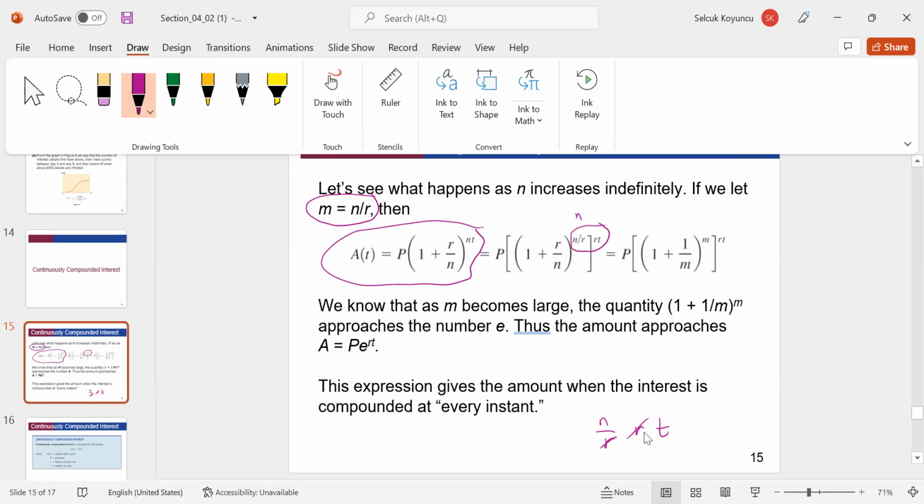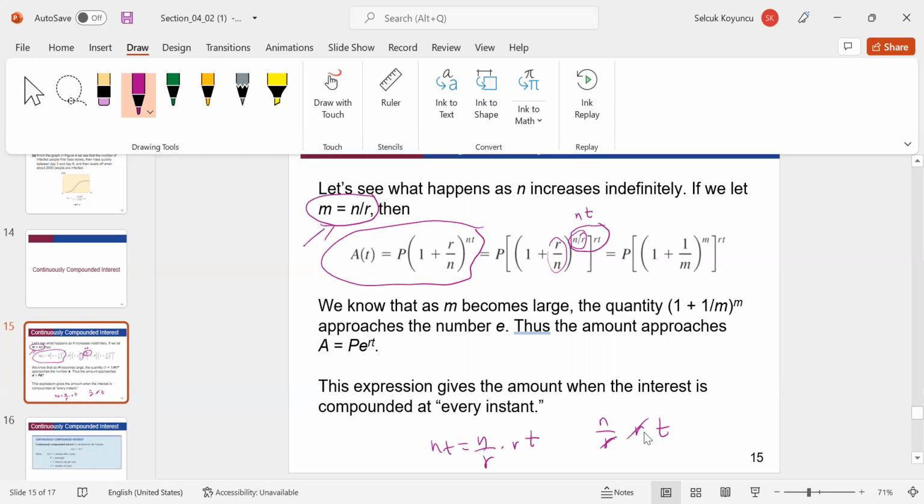So this is actually n times t, but I write n times t as n over r times r times t, and you'll see why we do that in a little bit. I'm calling n over r m, so this guy is going to be m now, and then this will be 1 over m because it's the reciprocal of that. So we get P times (1 plus 1 over m) to the m times r times t.